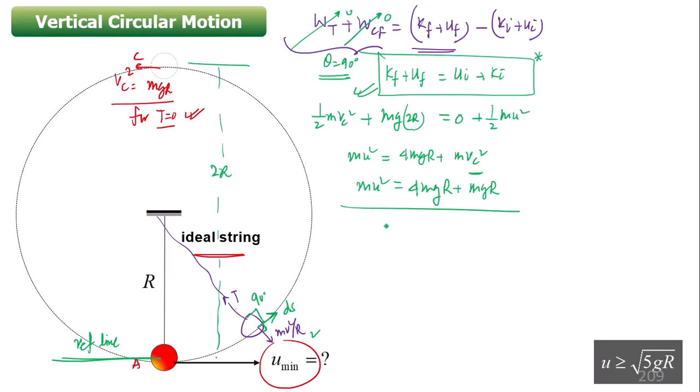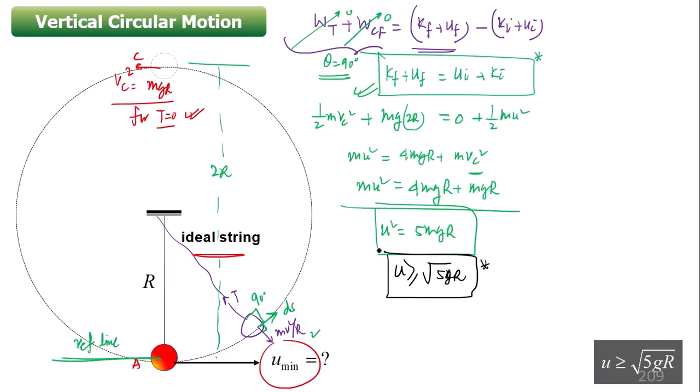Cancelling m on both sides, we are left with u square equals 5gr. So that gives the value of u, that should be greater than or equal to root of 5gr, so that the particle can complete the vertical circle.